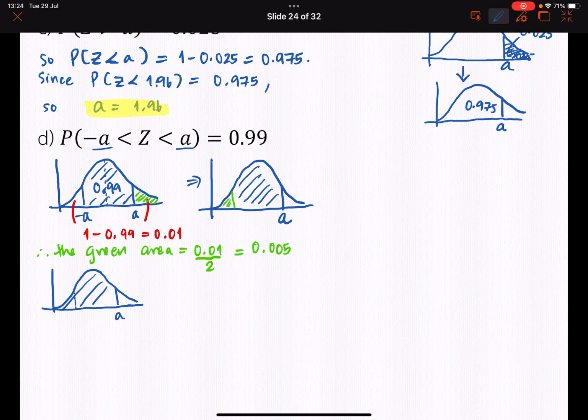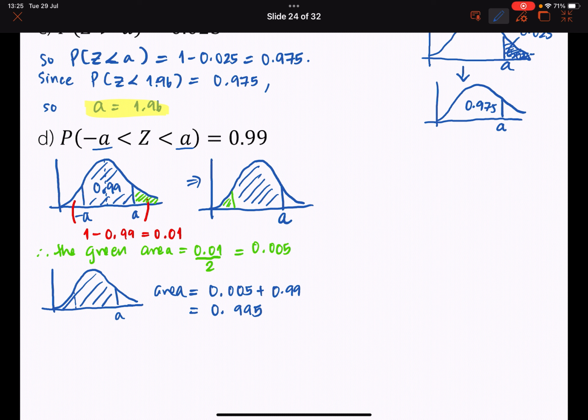So the whole area here is gonna be 0.005 plus 0.99, which is 0.995. Okay, this is 0.995.